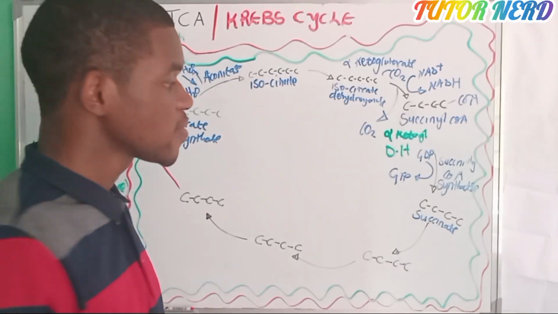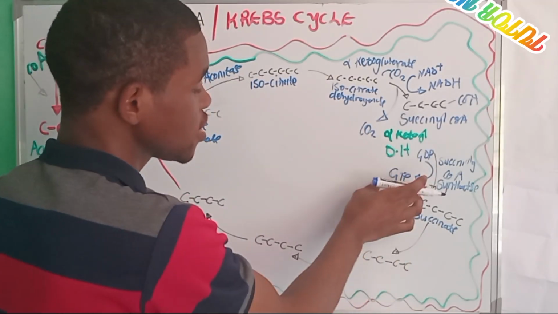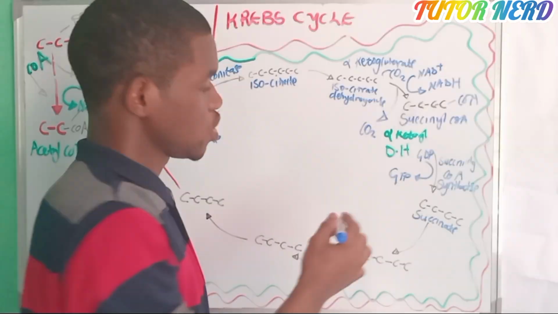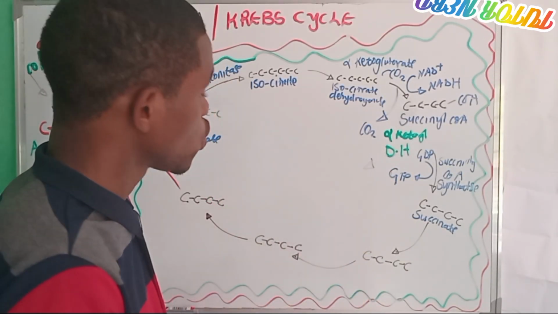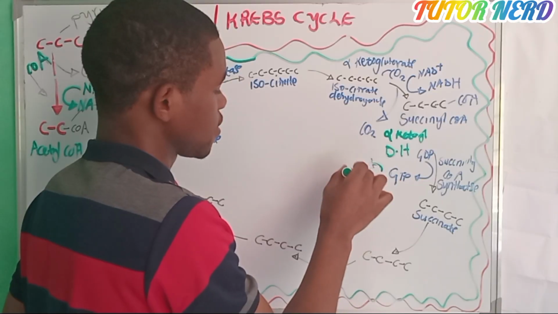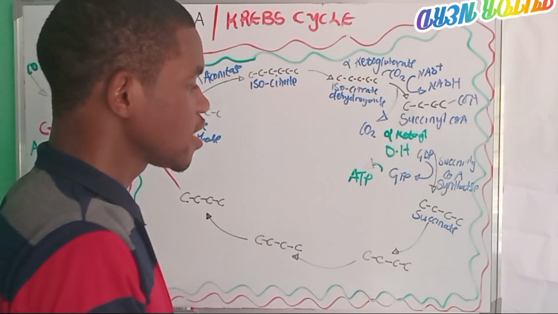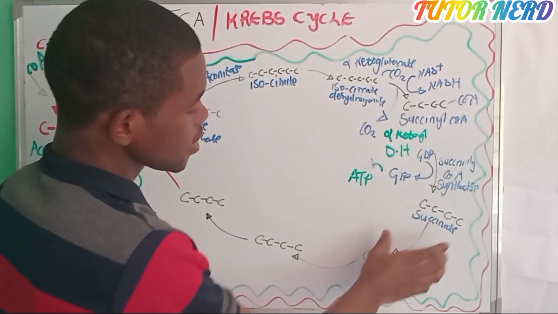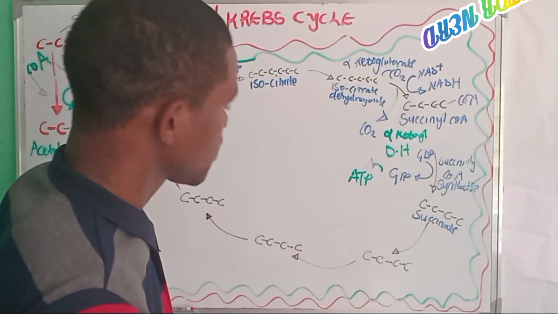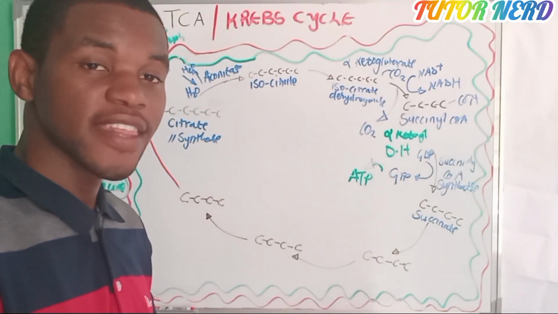But sometimes we can also produce ATP directly, or the same GDP can be converted to ATP later. Because we're using energy, no wonder we're calling it synthetase.